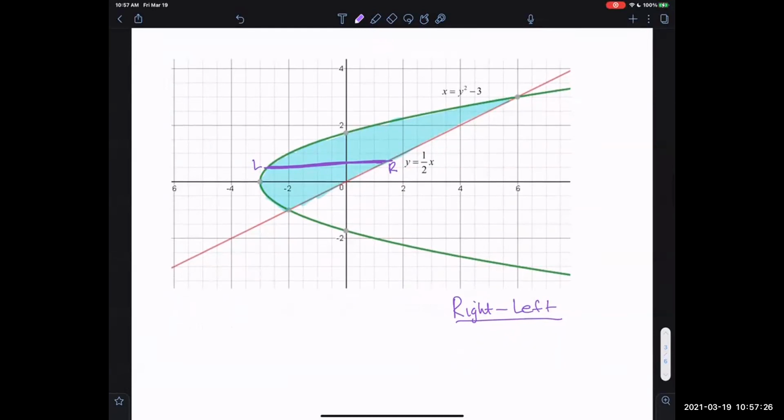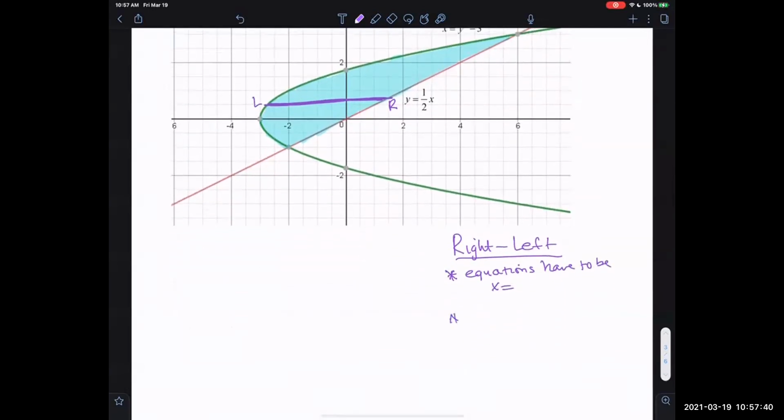So in order to calculate this for our purposes, your equations have to be x equals, and your bounds are y values. Bounds are y values.